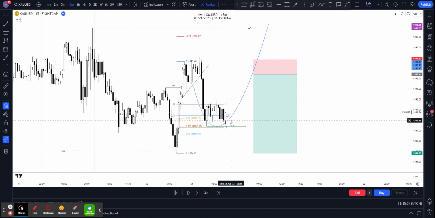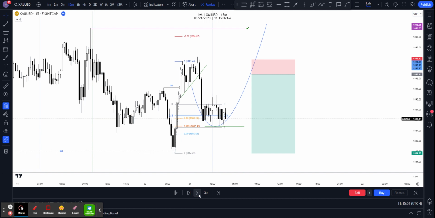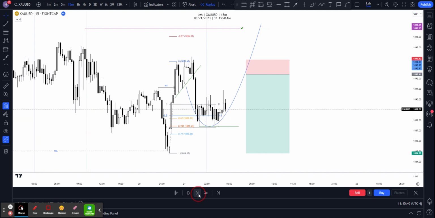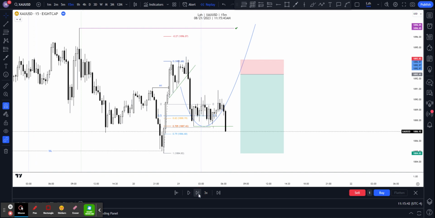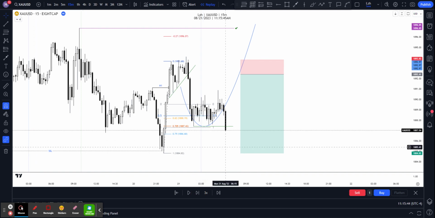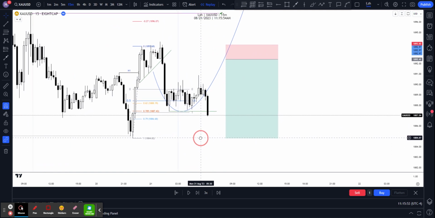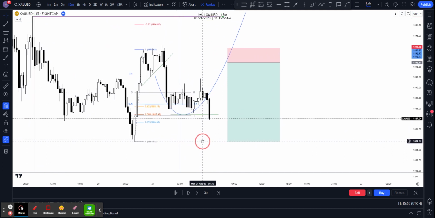In this case, it's a demand. So we're gonna wait, and here you go. Right at 6:15 in the morning. It's a weird timing because it's still within the London kill zone, before the New York time started.